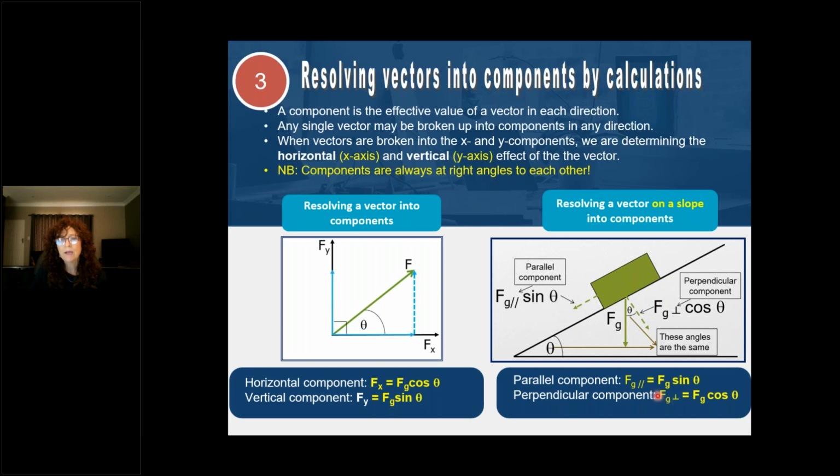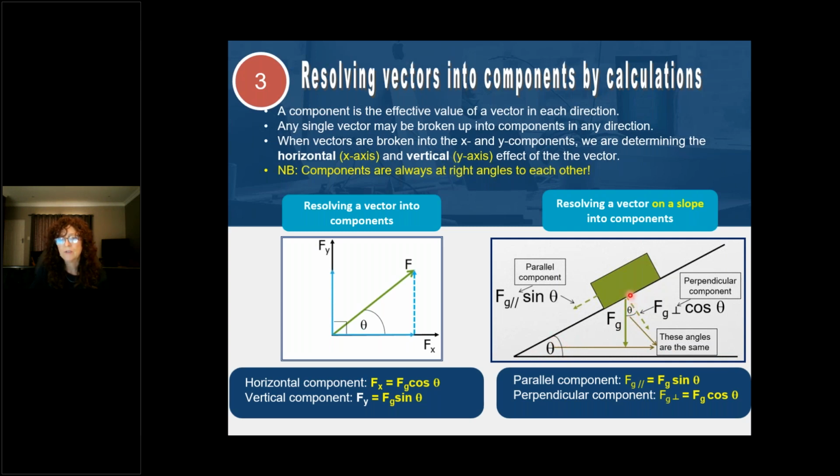Right, if we look at vectors on a slope into components, this will definitely be in a question paper. You have to make sure that you understand the difference between the two and how to do the calculations. It's an object on a slope, and the angle between the slope and the parallel surface here, that angle will be the same as that angle.